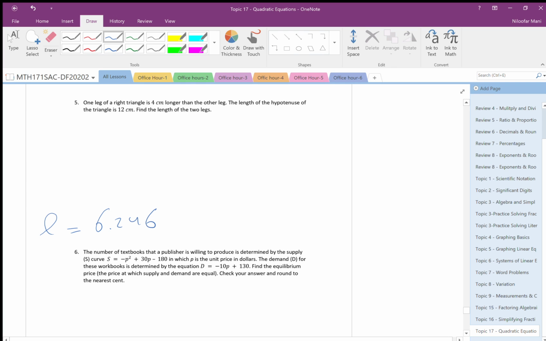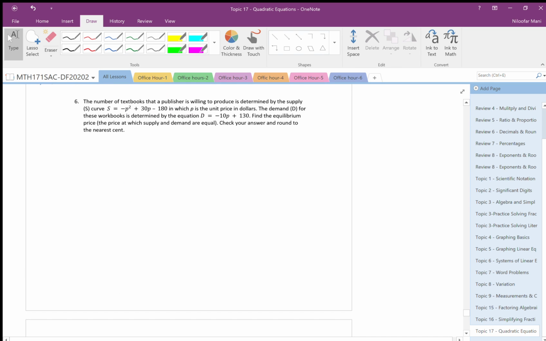One leg is that, so find the length, so that's centimeters. I need to have the unit here. Centimeters, because it says centimeter there. How about question 6?